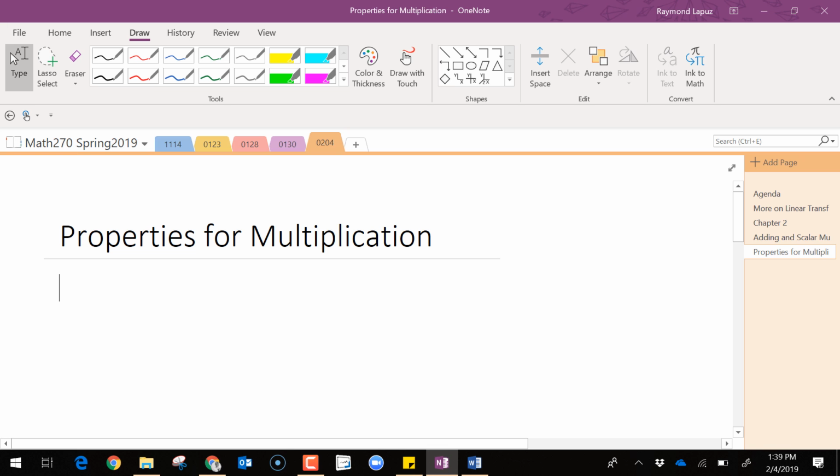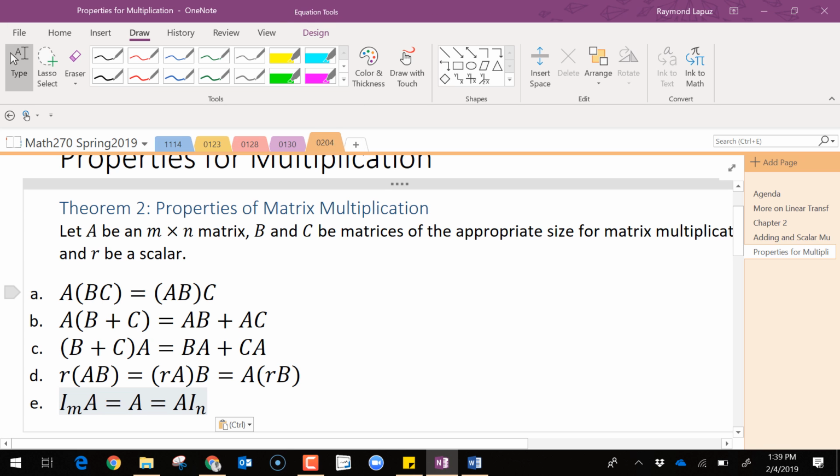And we'll list down some properties for multiplication. We're going to assume that A, B, and C are appropriate sizes, whatever they might be.